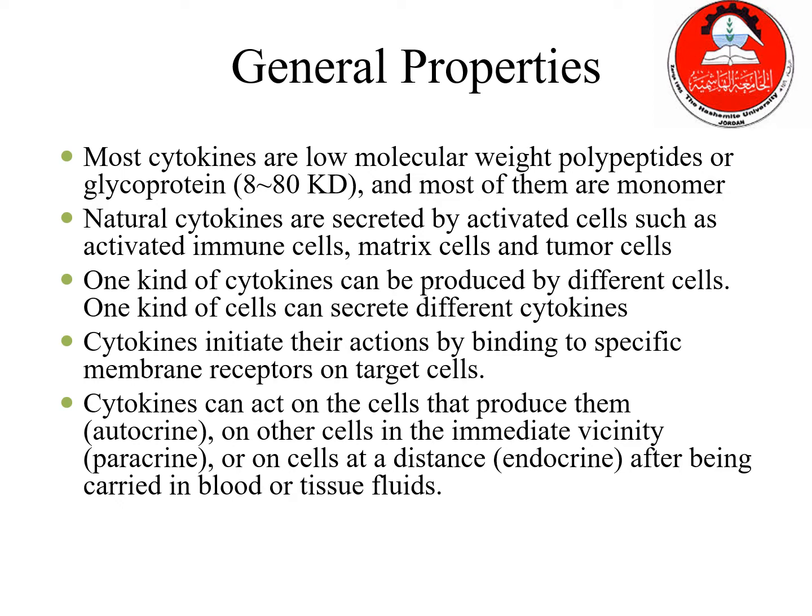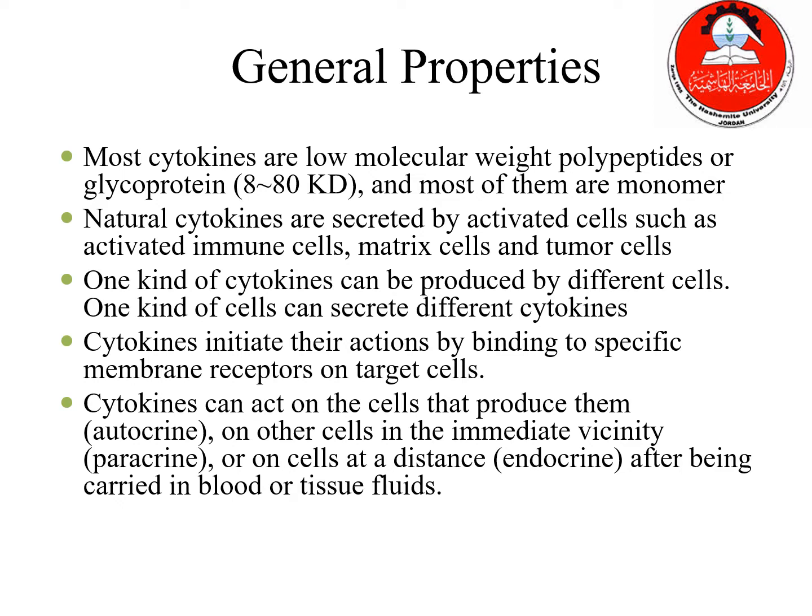Natural cytokines are secreted by activated cells such as the activated immune cells, matrix cells, and tumor cells. One kind of cytokines can be produced by different cells. One kind of cells can secrete different cytokines. So one cell can secrete different types of cytokines, and one kind of cytokine can be produced by different cells.